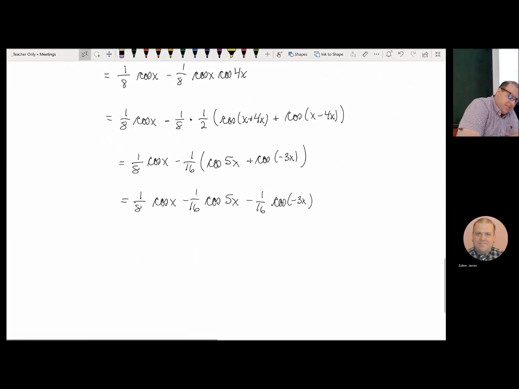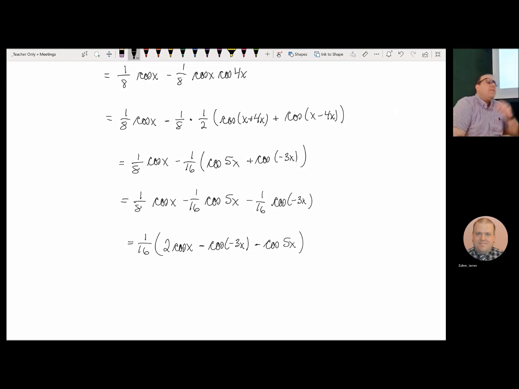Now factor out a 1/16. I'm also going to reorder. Right, it is 1/16 times the quantity 2 cosine of x minus cosine of negative 3x minus cosine of 5x.